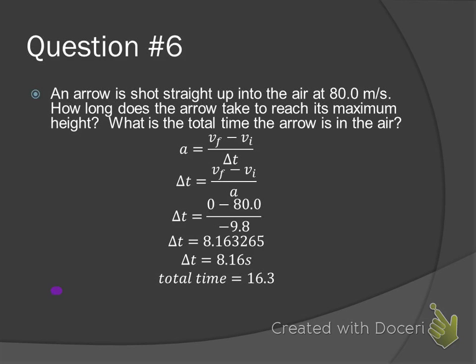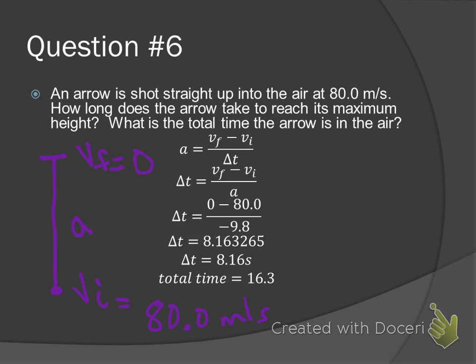So it would start here, and it would have its initial velocity, which is going to be 80 meters per second. It's going to get shot. The reason it's moving 80 meters per second is because of the bow, and it gets shot and released, and it's going to go straight up until it gets to its very top, and then at that point its final velocity is going to be 0.